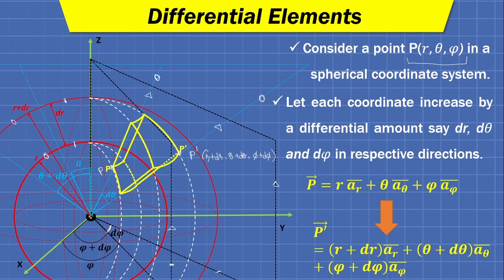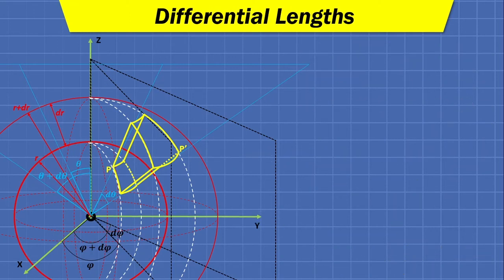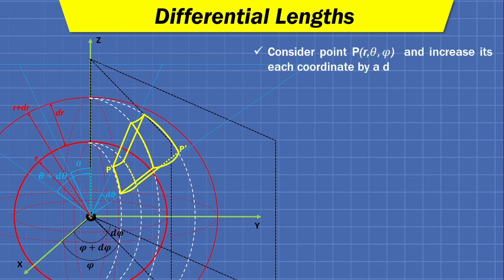Now if you have understood how the differential element is defined in this system, we will discuss the differential length. So consider a point P(r, theta, phi) and increase each coordinate by a differential amount.